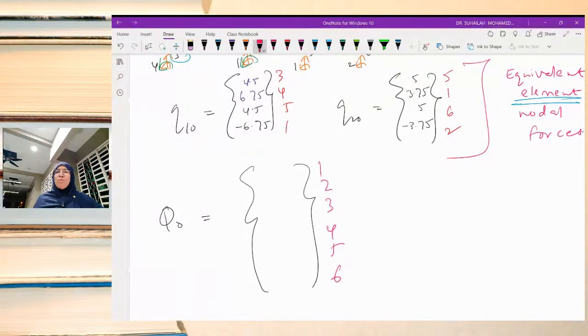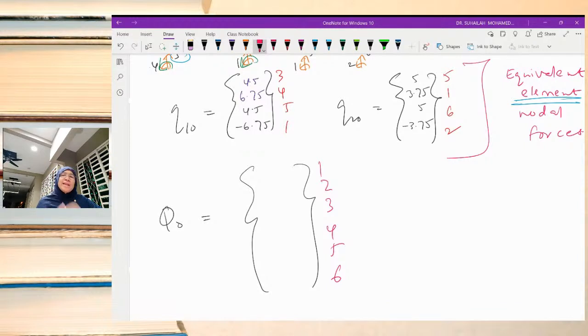We combine Q1 naught and Q2 naught based on the degrees of freedom we have labeled. So we have to find 6 values of Q naught. This capital Q naught refers to equivalent nodal forces.